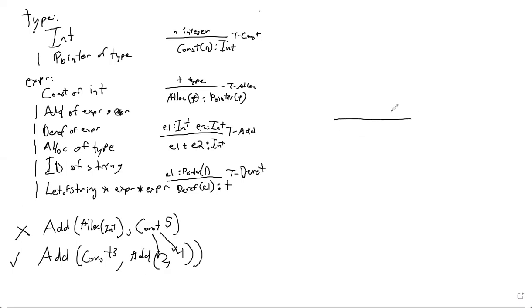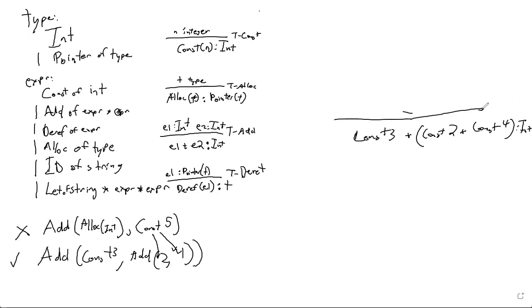All right, so on the bottom, we're saying that const 3 plus const 2 plus const 4 is of type int.